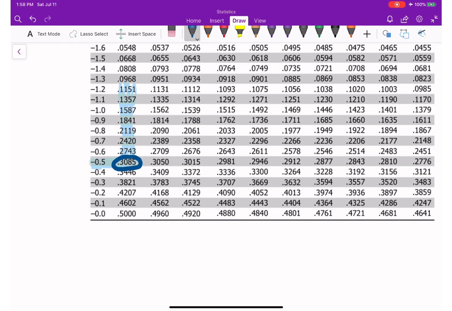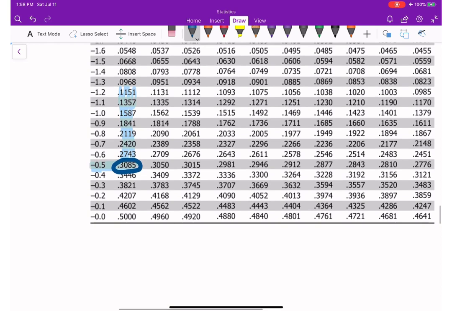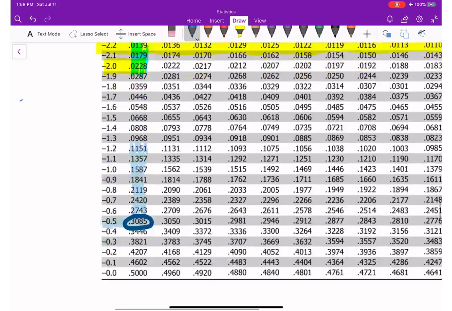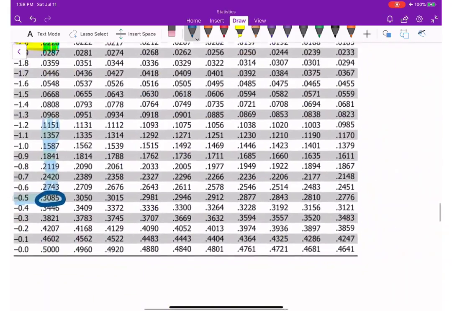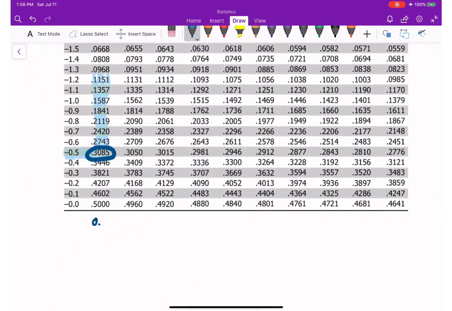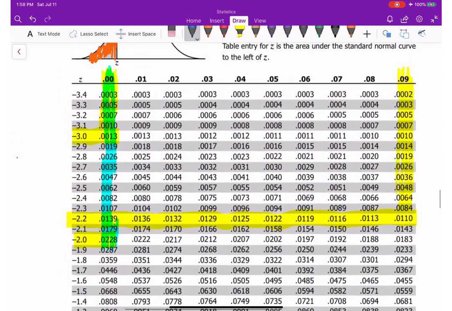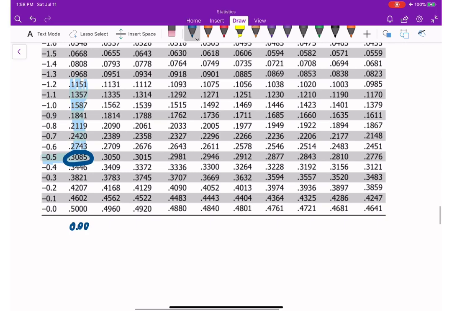Here it is 2. Where is my 4? Let me write down 0.00, 0.01, 0.02, 0.03, 0.04.